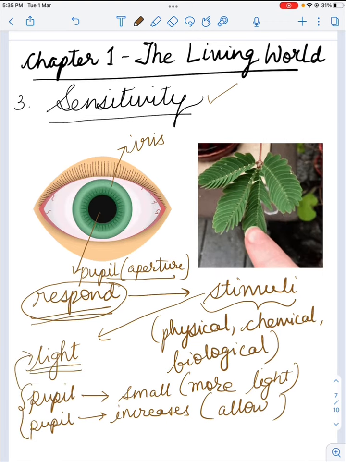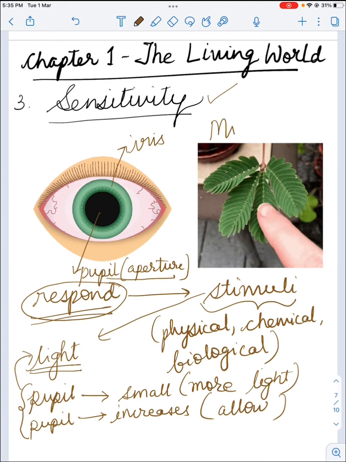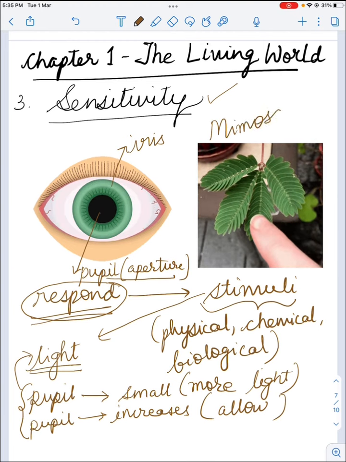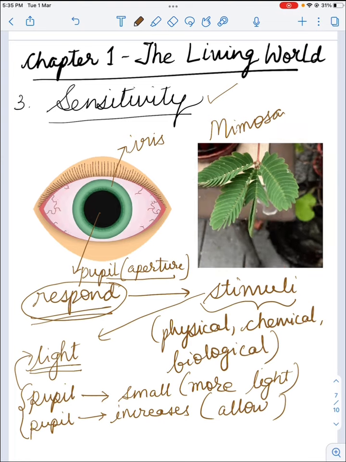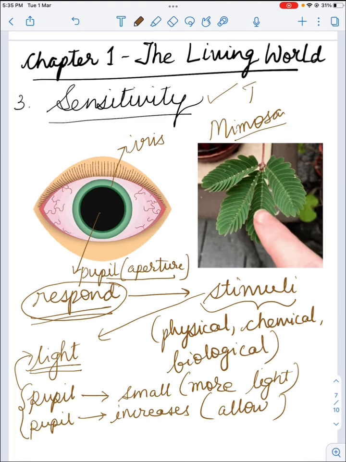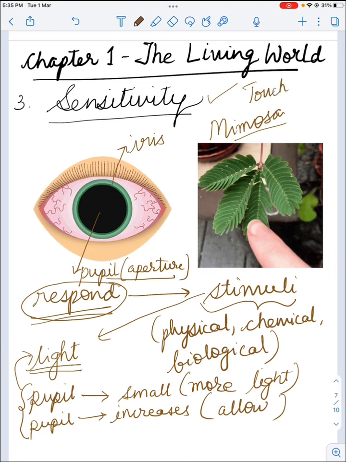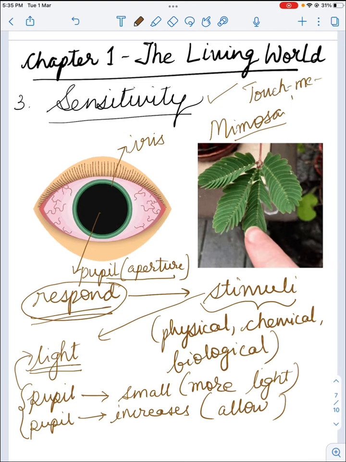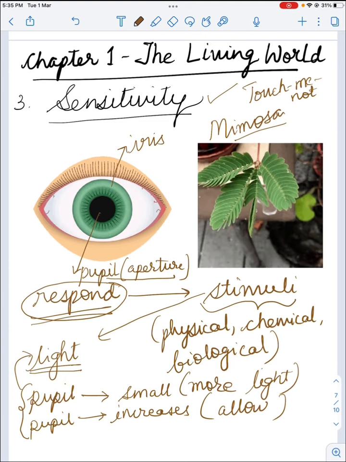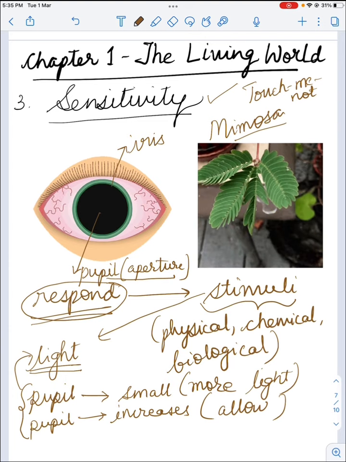On the right hand side of the screen, you can see an image of the mimosa plant. Mimosa pudica is the scientific name of the plant, which is also called touch me not. You might have all done this while you were very young, isn't it?